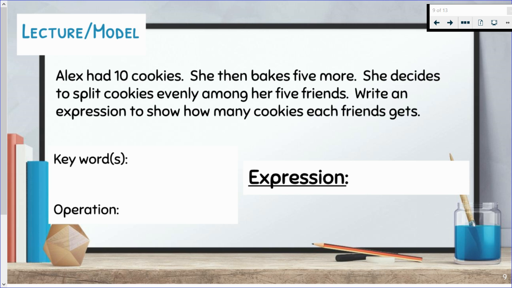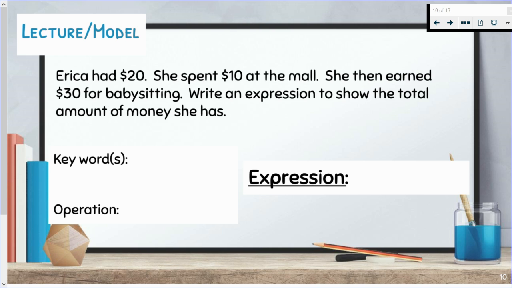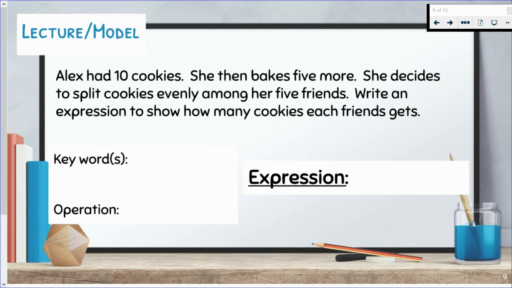Alex has 10 cookies. She then bakes 5 more. She decides to split the cookies evenly among her 5 friends. Write an expression to show how many cookies each friend gets. So in this case, there are actually 2 things going on. She started with some cookies, and then she baked 5 more. So that's going to be a keyword here.